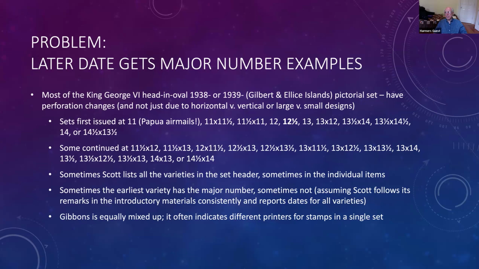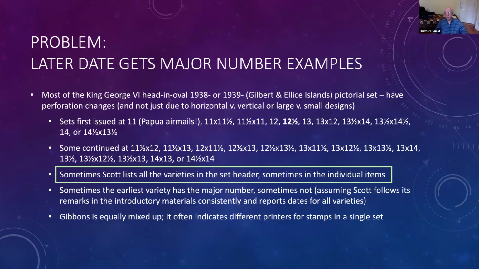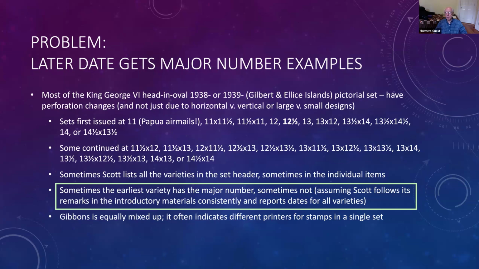And the way Scott lists them varies. Sometimes they will say in the set header, the perforation is such and such. Sometimes they will give you perforations for individual items. Sometimes the major number is for the first issued stamp in the set. Sometimes it's for a later stamp in the set.